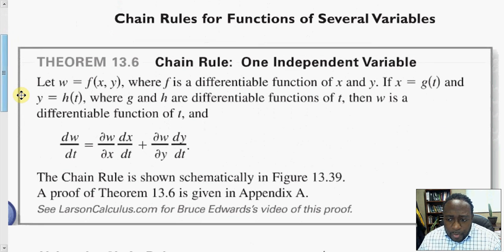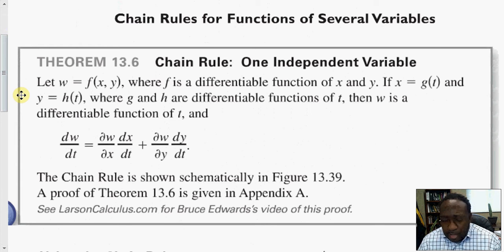First, the chain rule for one independent variable. This, my friends, is identical in hierarchy to the chain rule from Calculus 1. Let w be a function of two variables, w equal to f of x and y, where f is differentiable in x and y, and x and y are themselves functions.